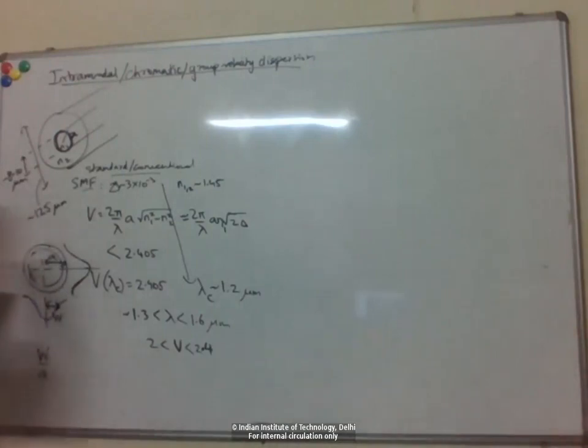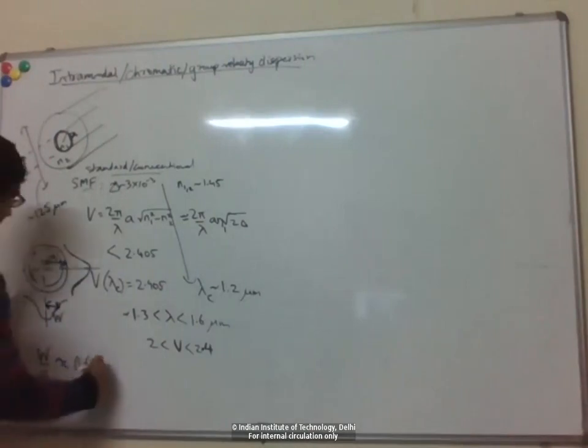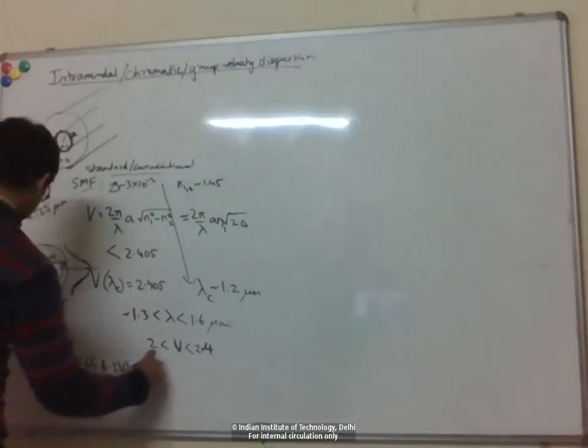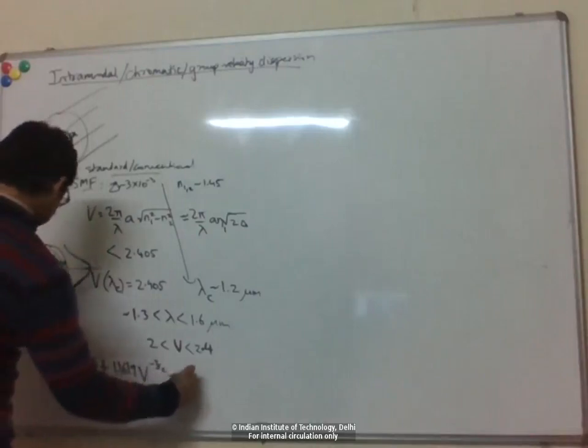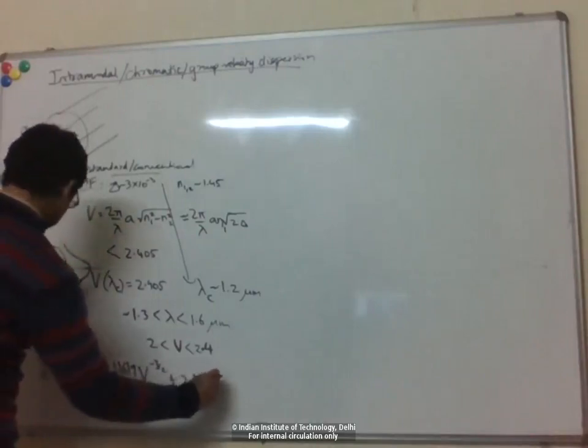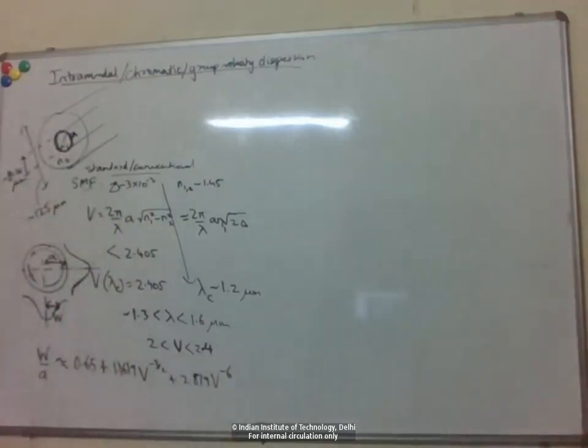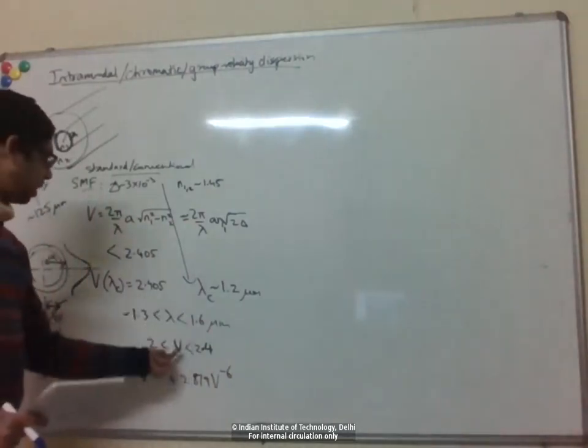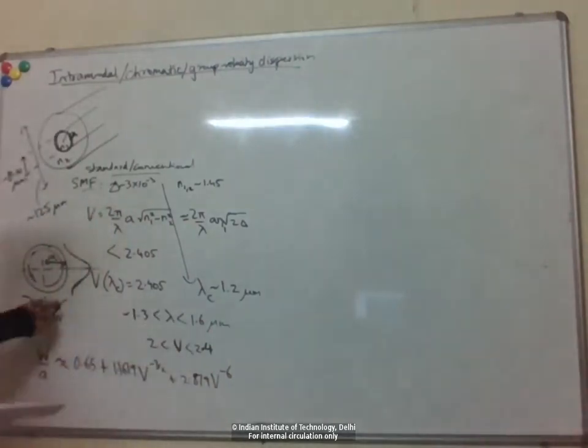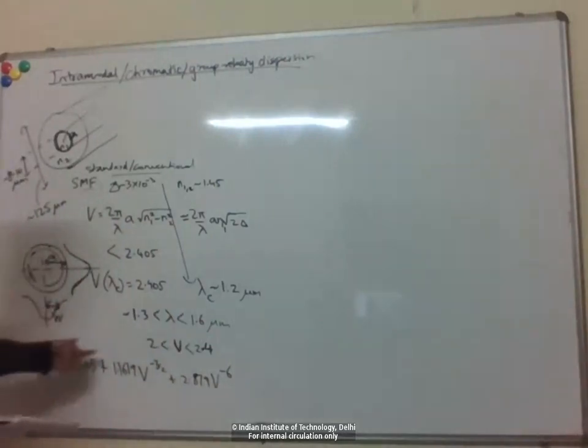Recall there are some empirical relations that one can use to find this in terms of the V number. So given a particular wavelength, you can find what the V number is, and you can calculate what the spot size of the mode is at that wavelength, or equally the confinement factor, how much power is confined in the core.